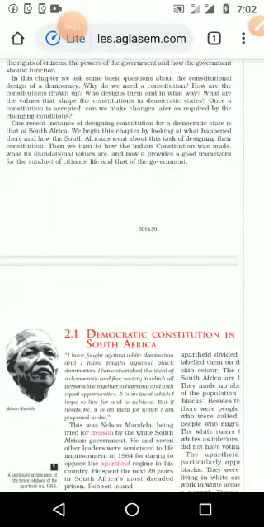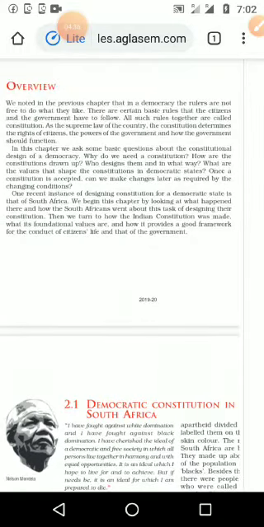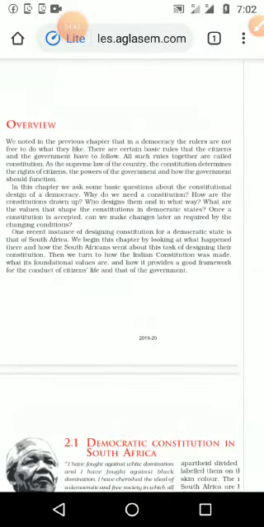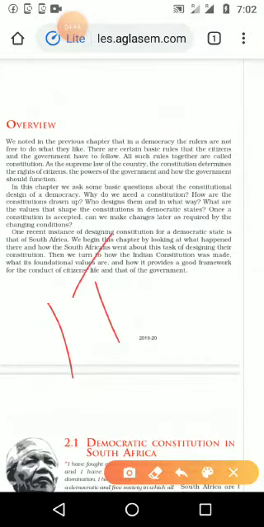Then once a constitution accepted, can we make changes later as required by the changing condition? If we made one constitution or basic rules and regulations, can we make any changes afterwards? Because for example, now IT department, that is one of the famous needed department now. IT department means information technology.